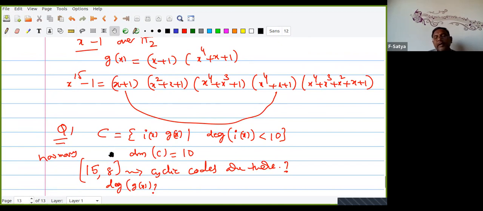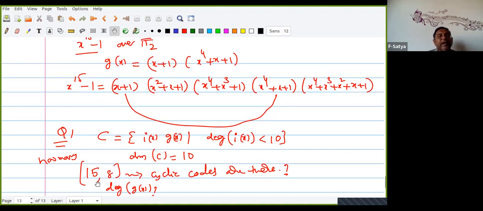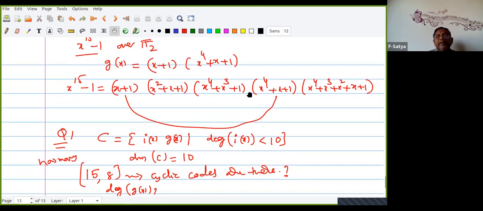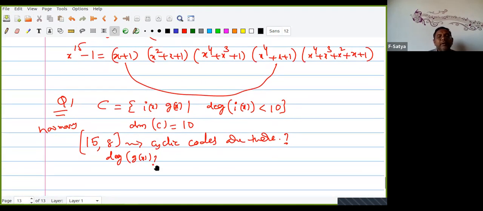There are 3 cyclic codes because there are 3 polynomials of degree 7 dividing it. How do they come? Degree 3 here, and any one of these degree 4 polynomials you can take and multiply. So there are 3.